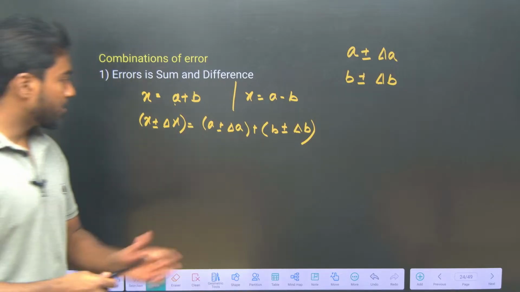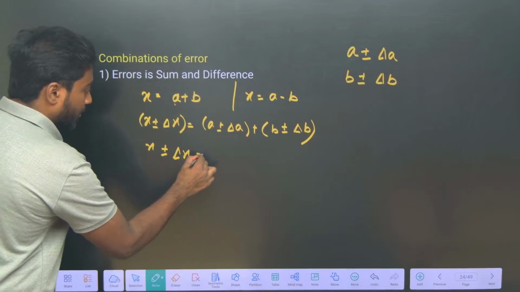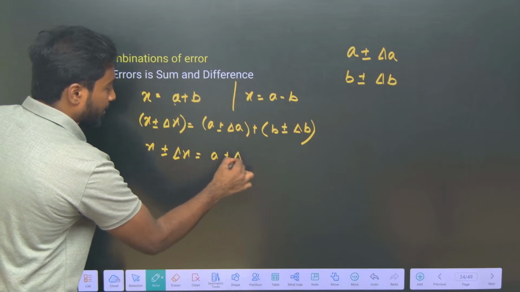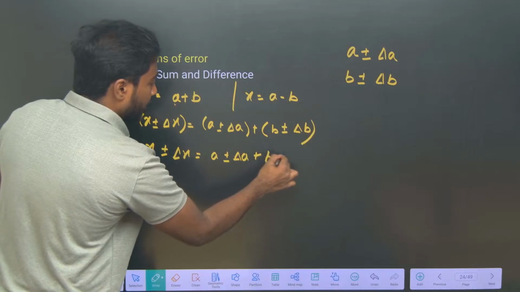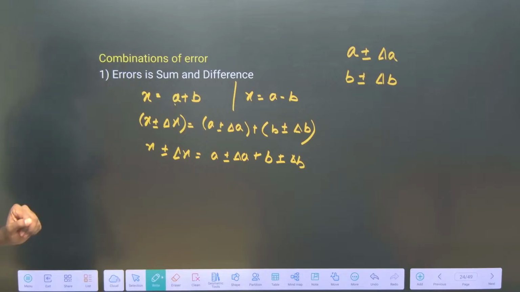Easy, nothing. See, x plus or minus delta x equals to a plus or minus delta a plus b plus or minus delta b. Right? So what can I do?